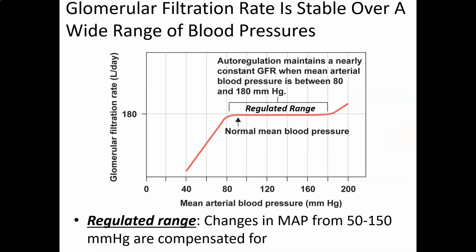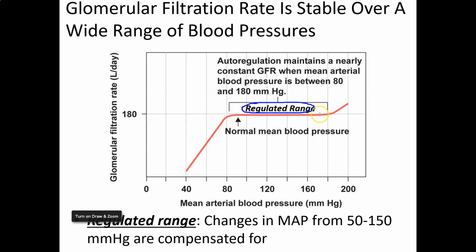Now, another factor to consider is the blood pressure itself. When we talk about blood pressure, we'll refer to something called the regulated range. And basically what the regulated range tells us is this is the range of blood pressure that our body can use and still keep GFR normal.